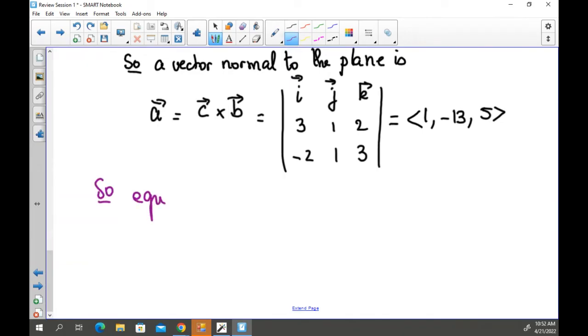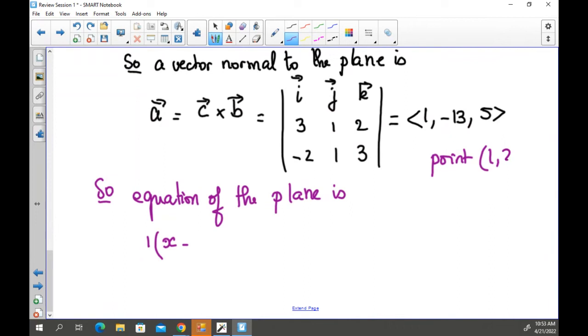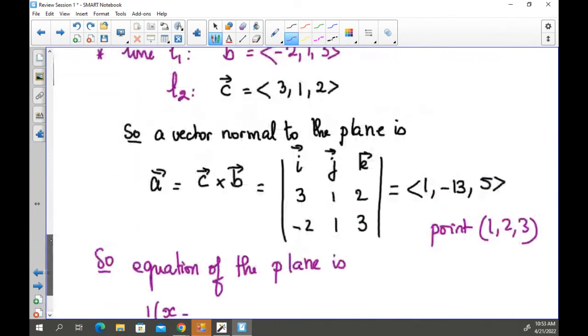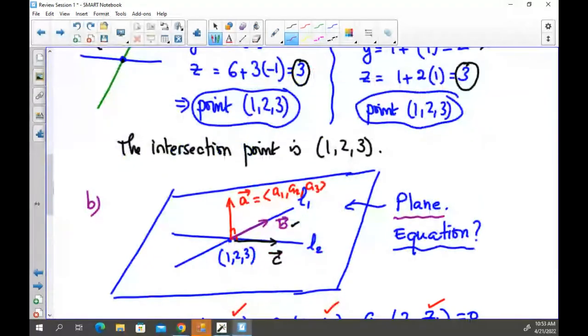So now we can write the equation of the plane. What will be the equation of the plane then, girls? 1 times x minus, remember the point was 1, 2, 3? Is it 1, 2, 3? Yes, the point was 1, 2, 3.